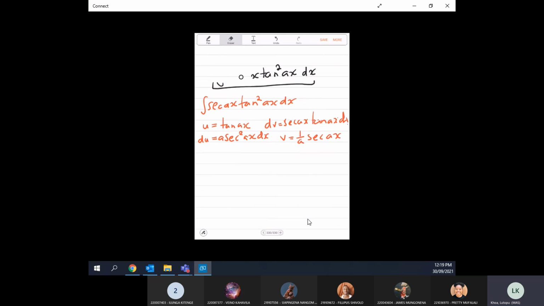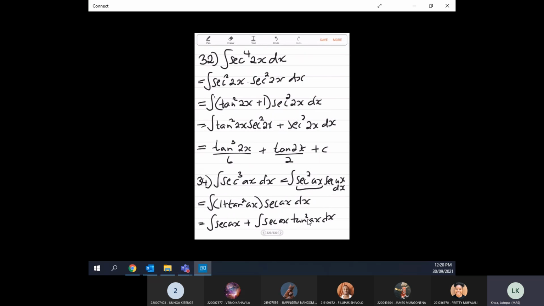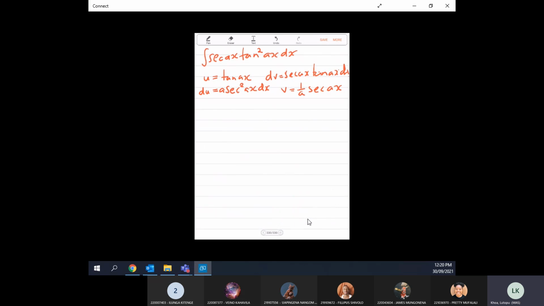So this part can go, and this part here, just shift it up. Okay, so we have sec ax tan squared ax. Then the integral will be u times v minus v du, and from there we will get sec to the power of 3 of ax, which we can bring to the other side.